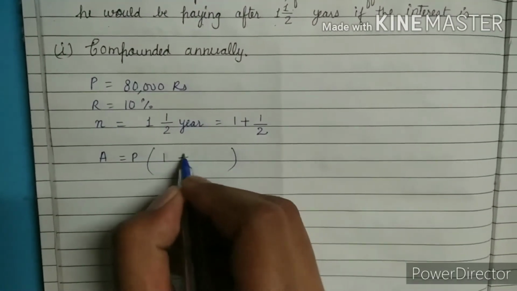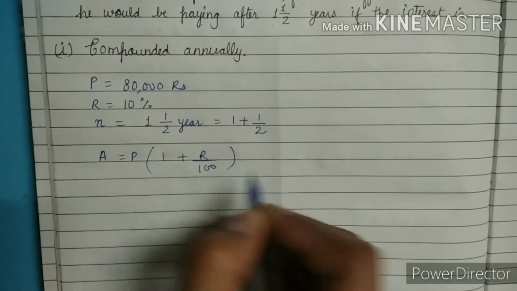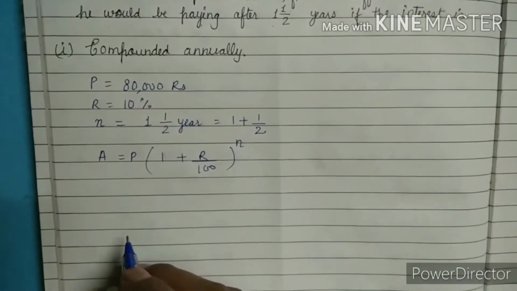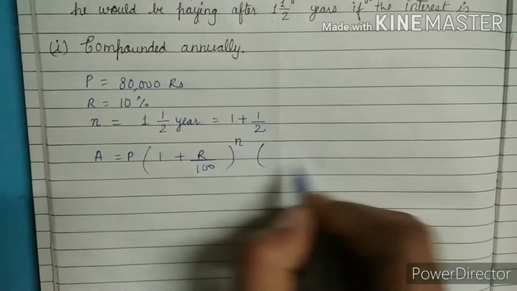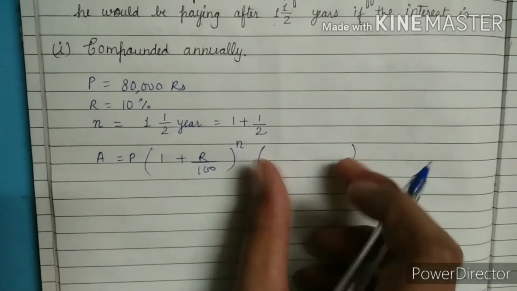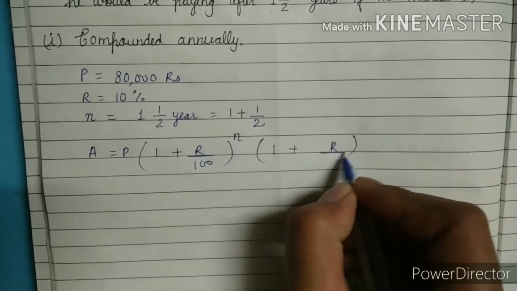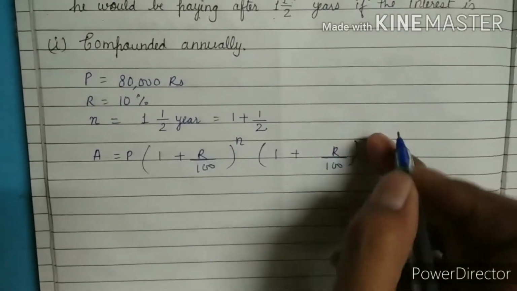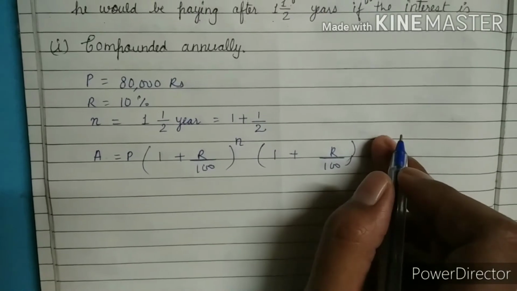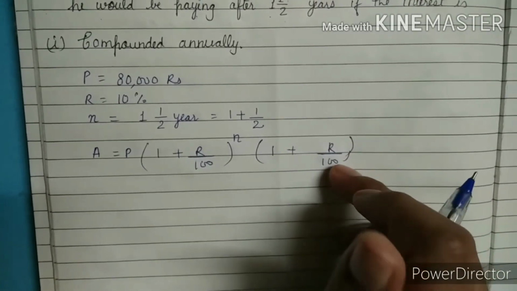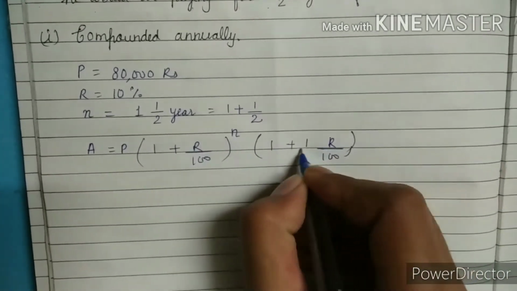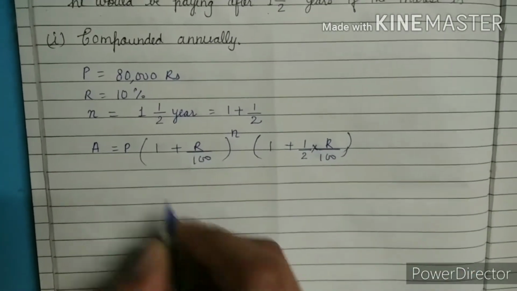First here 1 plus r by 100 till here it will be same, but after here we have to put next bracket for fraction only. So 1 plus r by 100 as it is, without any power, but r by 100 will be multiplied with the fraction, so 1/2 will come here.